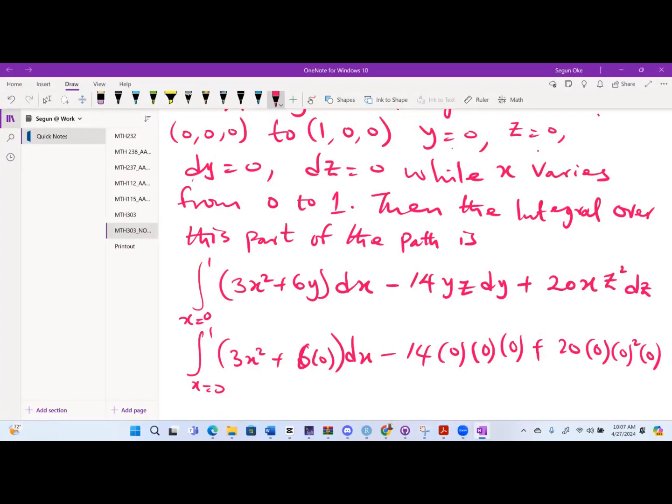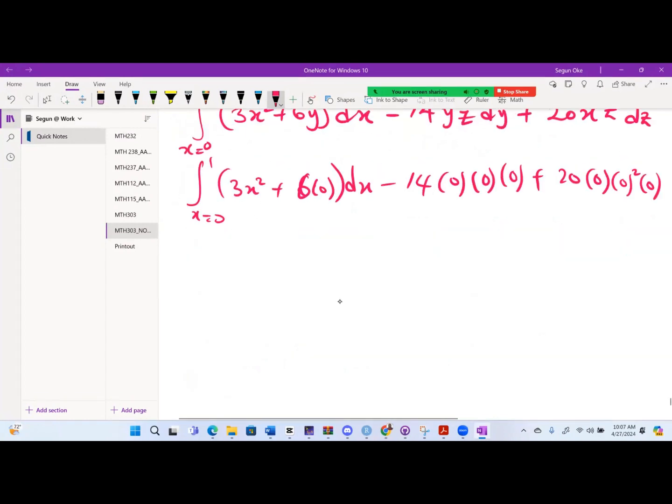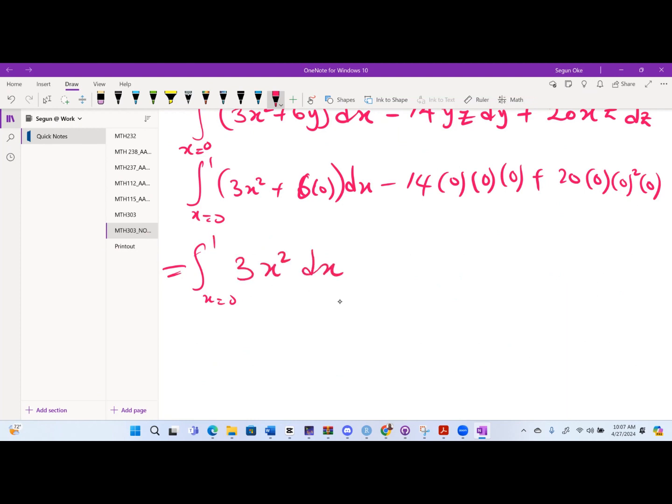At the end of the day, what do we have? We are left with the integral from 0 to 1 of 3x squared dx. Others are 0, so you don't need to bother yourself. So I can just go ahead and integrate 3x squared. I will have 3x cubed over 3, from 0 to 1.